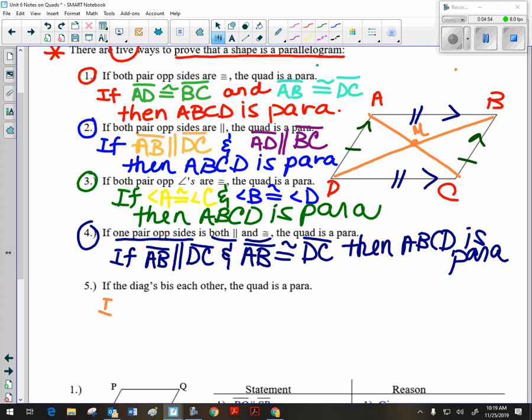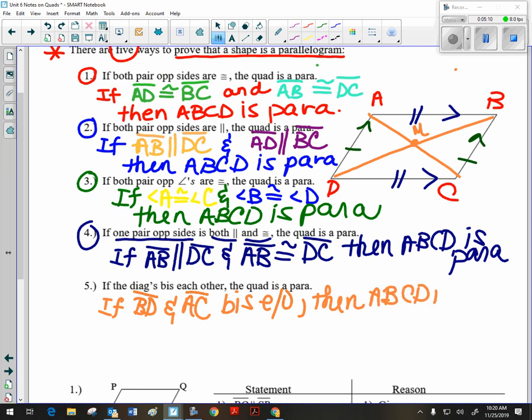So in here, if I can show that BD and AC bisect each other, then ABCD is a parallelogram. And in order to show that they bisect each other, what this really means is that I eventually need to show that M is the midpoint of both of them, of BD, and I'd have to show that M is the midpoint of AC.